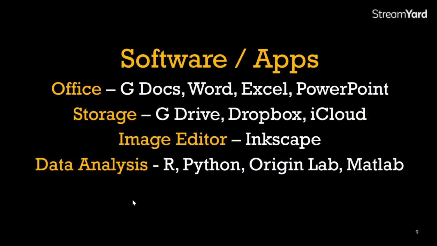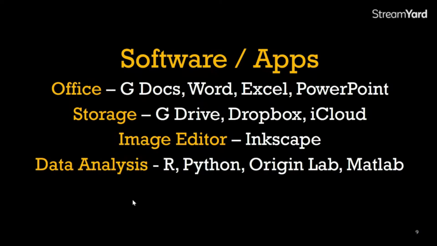Other software that you may need: office software like Google Docs, or Word, Excel, and PowerPoint for your general text editing. One important thing is storage: how you're going to store the research papers that you download to read and the papers that you write.